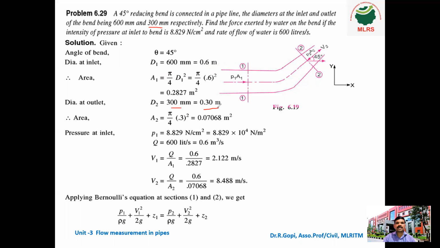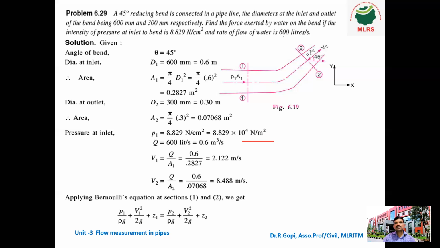You convert it into meter, and the corresponding A2 is π/4 into 0.3 square. Next, the pressure at inlet is 8.829 Newton per centimeter square. You convert it into meter square, so into 10 power 4: 8.829 into 10 power 4 Newton per meter square.